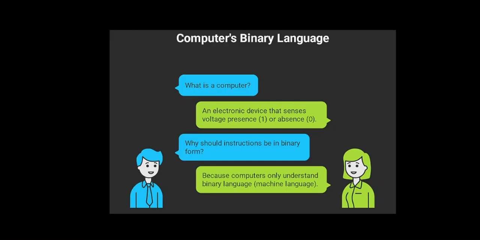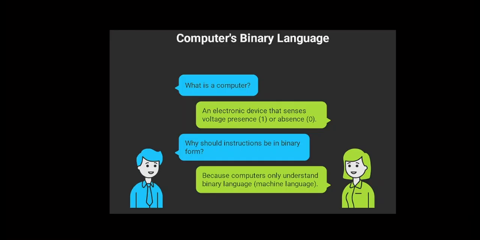Now, not only the language understood by computer is binary, means not only the instructions, even the data represented will be in the form of binary. So whether you deal with text data, an image or a video, whatever may be the type of data, it will be stored in the form of binary only.